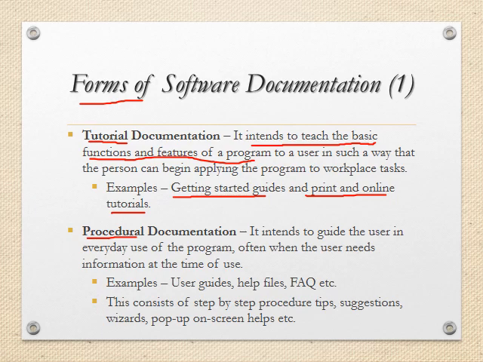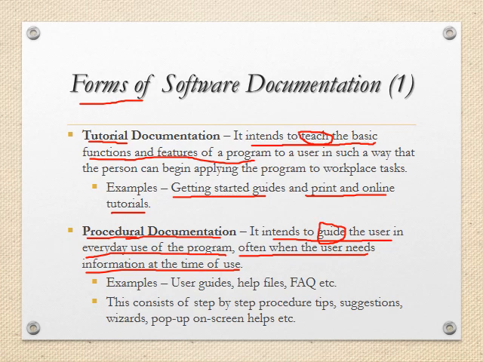The second type is procedural documentation. This kind of document intends to guide the user in every use of the program, often when the user needs information at the time of use. So the intention here is to guide, whereas for tutorials, the intention is to teach.